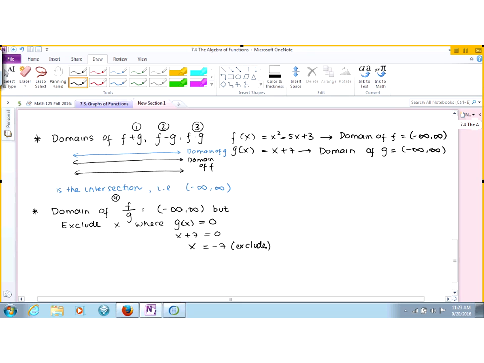Exclude. How do I exclude a point? So this is your negative infinity to infinity. How do I exclude negative 7? So I'm going to put an open circle at negative 7. So this is how I'm going to draw it. Whenever we exclude, remember we use an open circle. Okay.